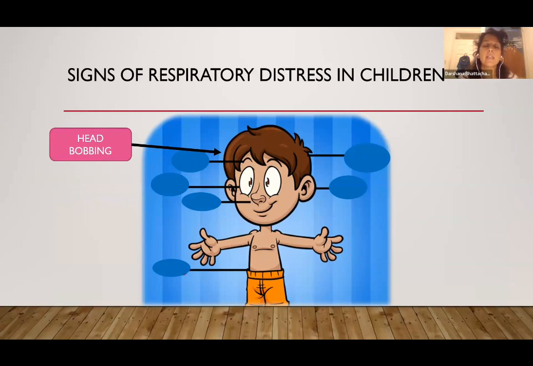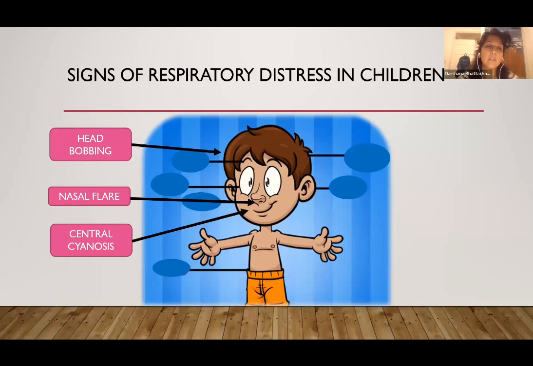So essentially, this is the head nodding forward and back as a result of underdeveloped accessory muscles. So babies with respiratory distress may well be nodding their heads up and down, which is called head bobbing. You might see another sign called nasal flare, where the nostrils are essentially flaring as a child is breathing.